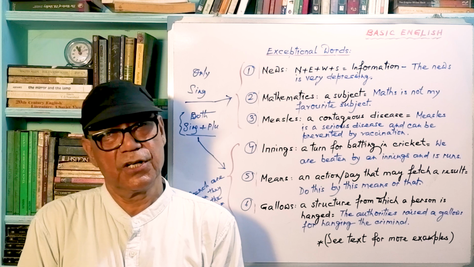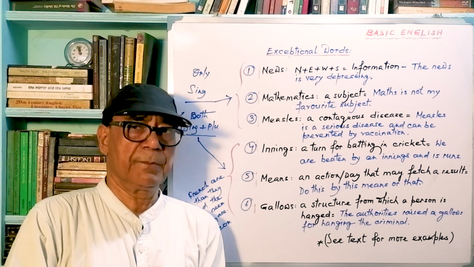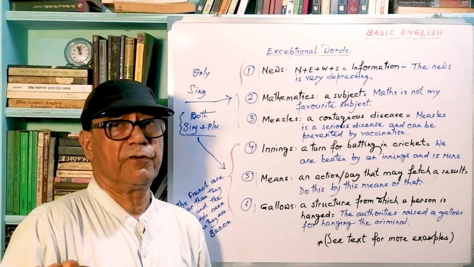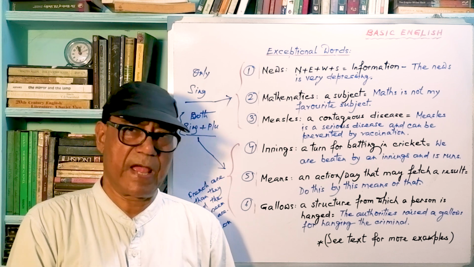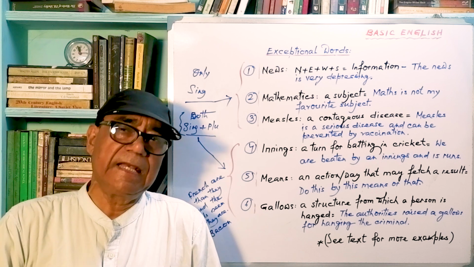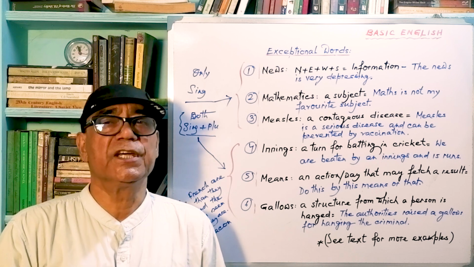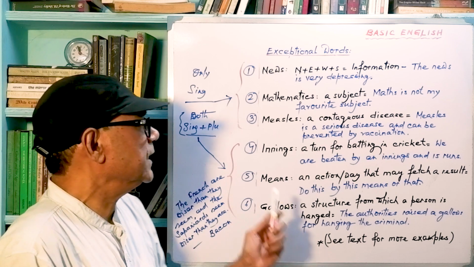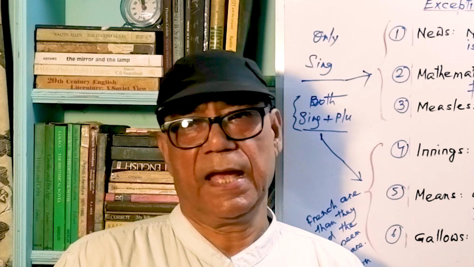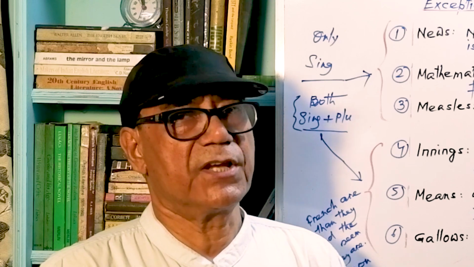And the second example is, in a cricket match, 3 innings are the minimum requirement for a decision. In the first example, innings is used as a singular noun, and in the second, it is a plural noun. But there is no change of spelling. It is always innings and not inningses.